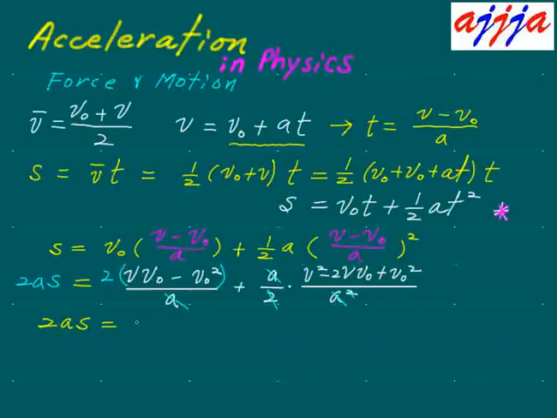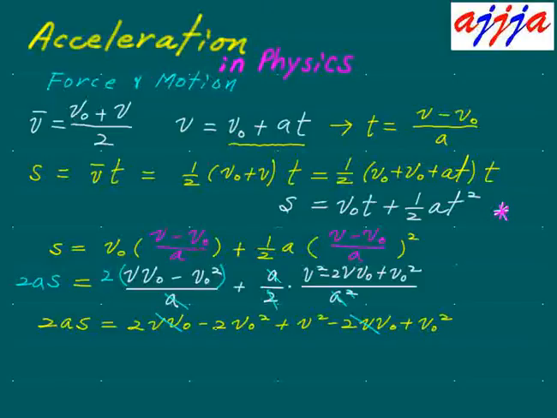the first one: 2as equals 2v0 v minus 2v0 squared, then plus v squared minus 2v v0 plus v0 squared. Look at that. Now I can reduce this one. Just eliminate this one and this one: one is positive, one is negative.